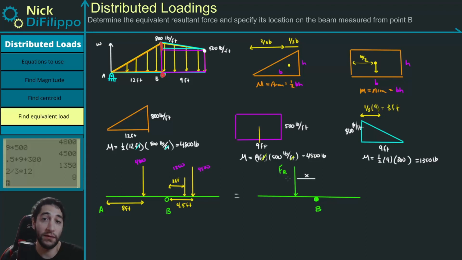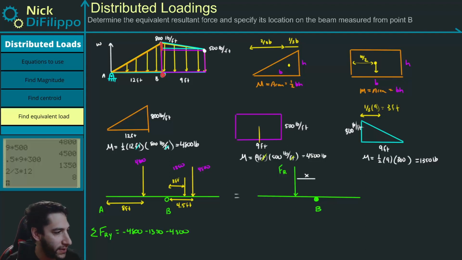So how do I get my resultant force? Well, I have no loading in the X direction, so all I'm doing is adding up my forces in the Y direction. So my resultant force in the Y is going to be equal to the sum of the forces in the Y. And this is going to be equal to minus 4,800, minus 1,350, and minus 4,500.